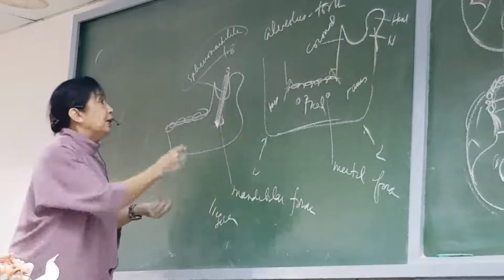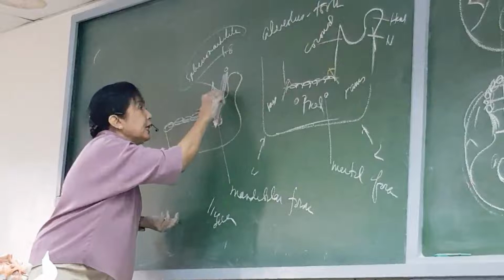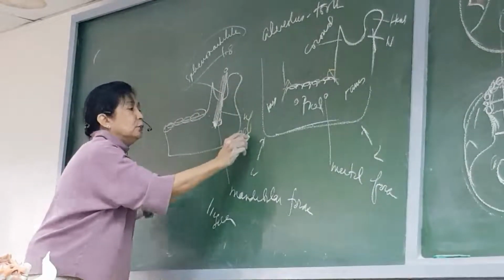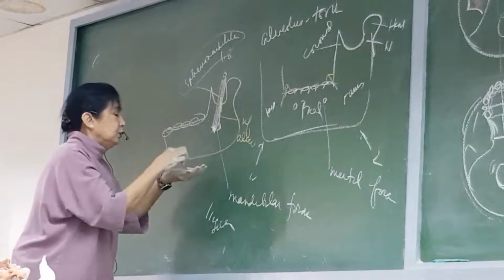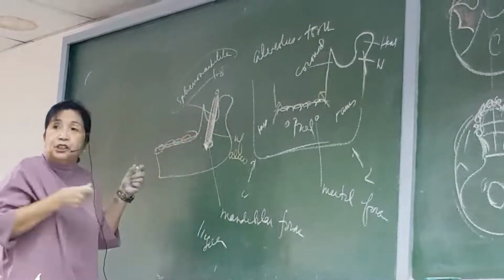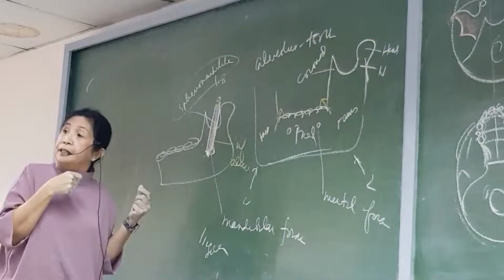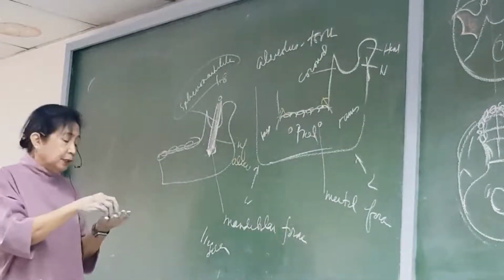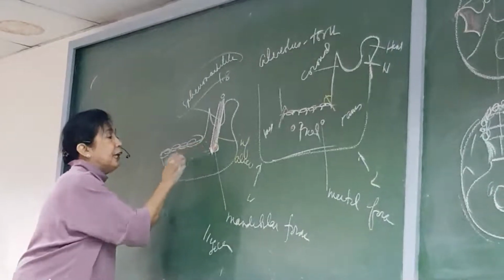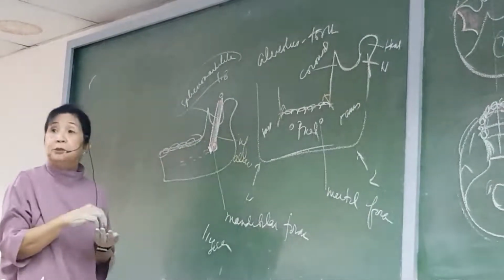Kasi sa ilalim niya, ano yung nerve na nasa ilalim niya? Inferior alveolar. So pag nakapa niya yan, yung ligament na yan, sa ilalim noon, pwede na niyang tusukan, right? And anesthetize. Okay? And that opening mandibular foramen is now continuous in a canal sa loob ng buto.